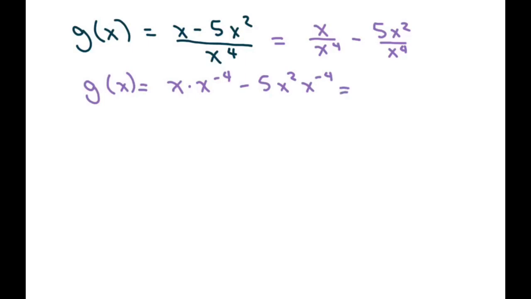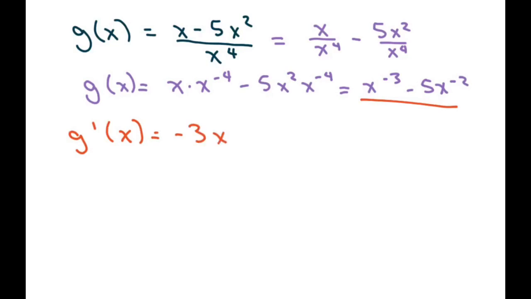And that's going to equal x to the negative 3 minus 5x to the negative 2. Now we can go ahead and differentiate this one. So that's going to be negative 3x to negative 4, because you subtract 1, plus 10x to the negative 3.